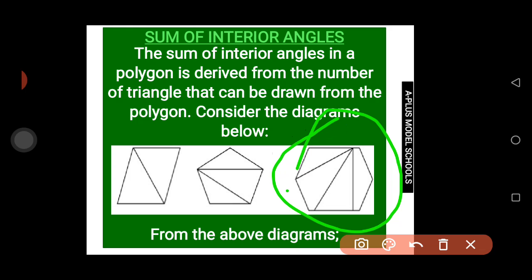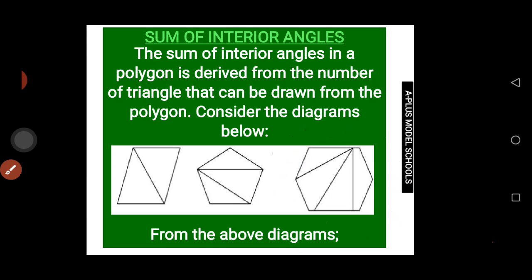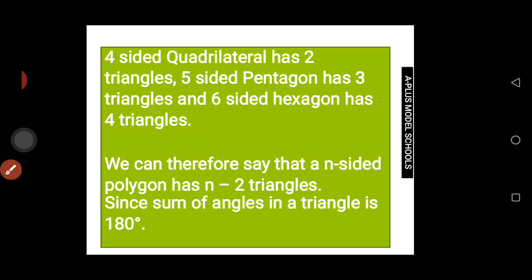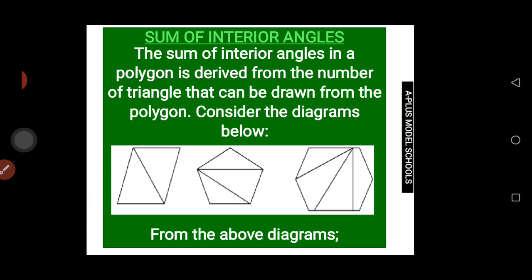So from these 3 diagrams, we notice that the quadrilateral with 4 sides has 2 triangles, the pentagon with 5 sides has 3 triangles, and the hexagon with 6 sides has 4 triangles.